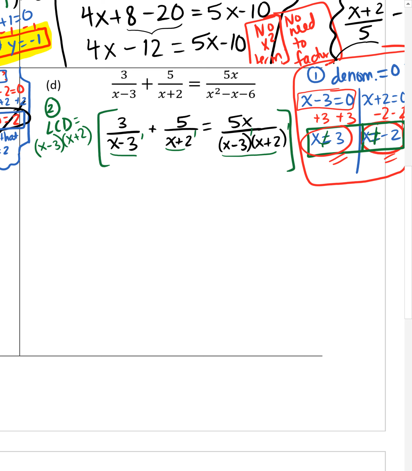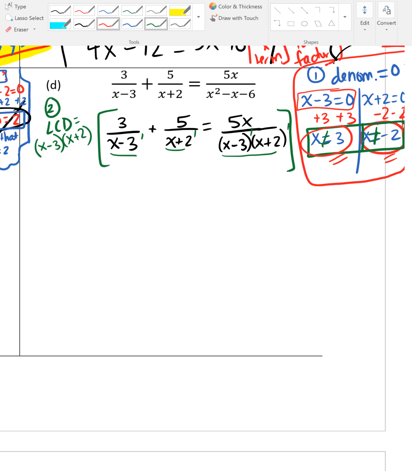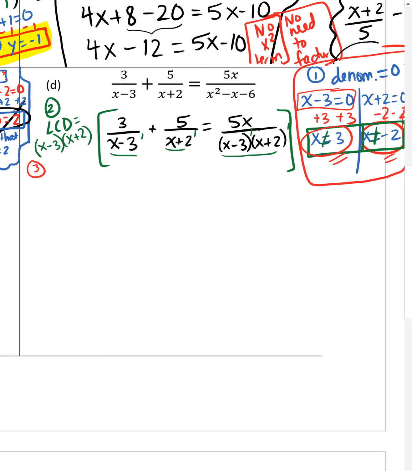And now I might as well multiply it by all three of those terms. So that's the third step, is to distribute this guy. So this whole thing, (x - 3)(x + 2), is going to multiply by the first fraction, the second, and the third. And this one I'm going to be really careful. I'm going to write that LCD next to each one. So (x - 3)(x + 2). First it's being distributed onto the first fraction, the 3 over x - 3.